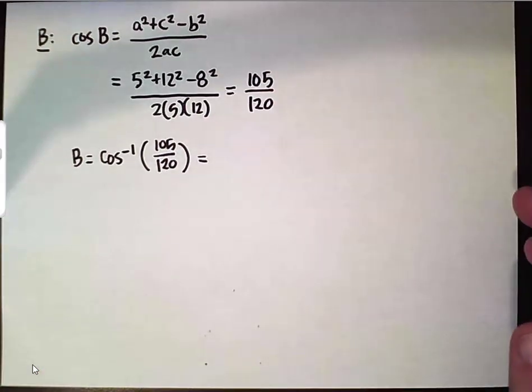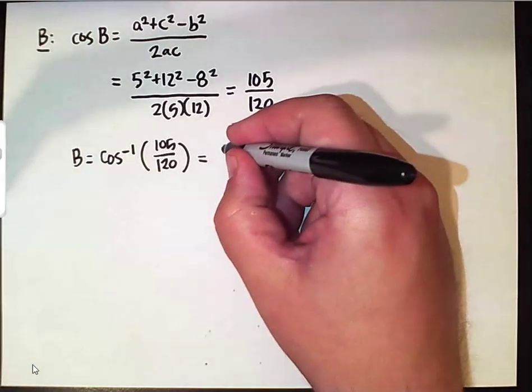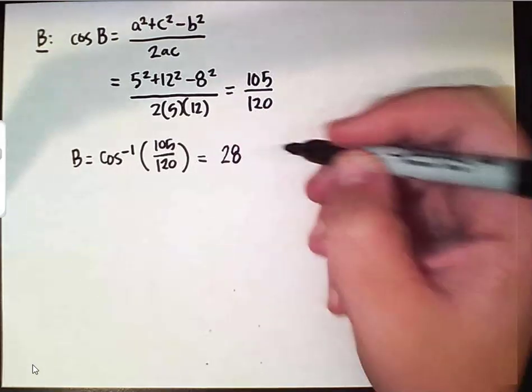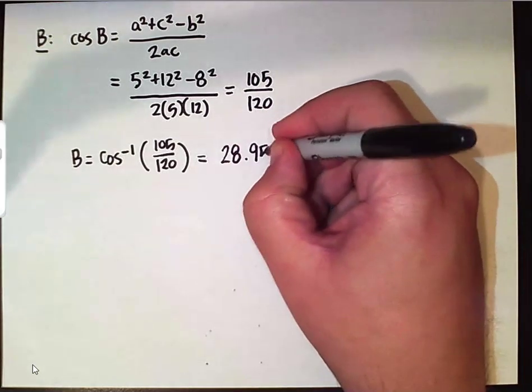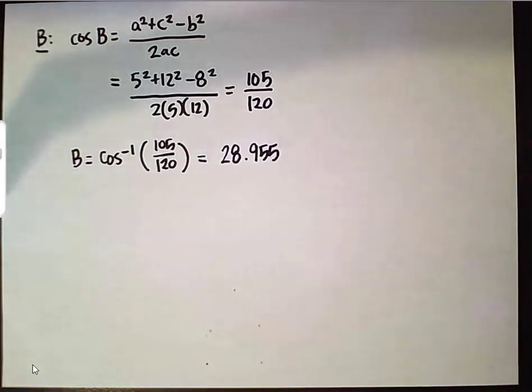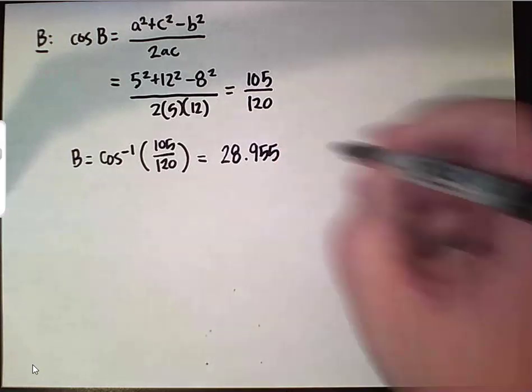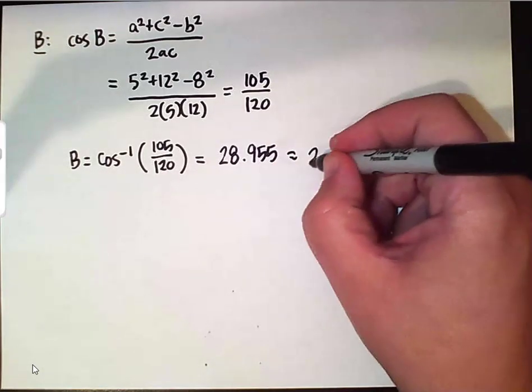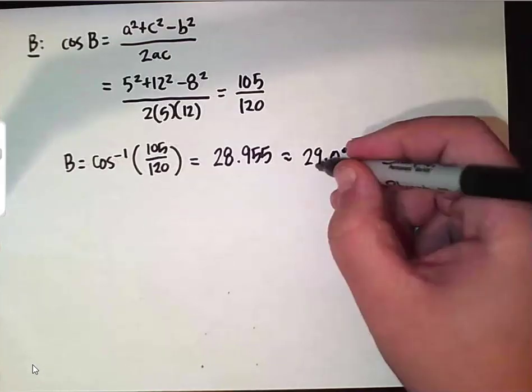So again, inverse cosine is second cosine. And then I type in 105 divided by 120 inside the parentheses. I close the parentheses, I hit enter, and I get that angle B is 28.955, which rounds to 29.0.